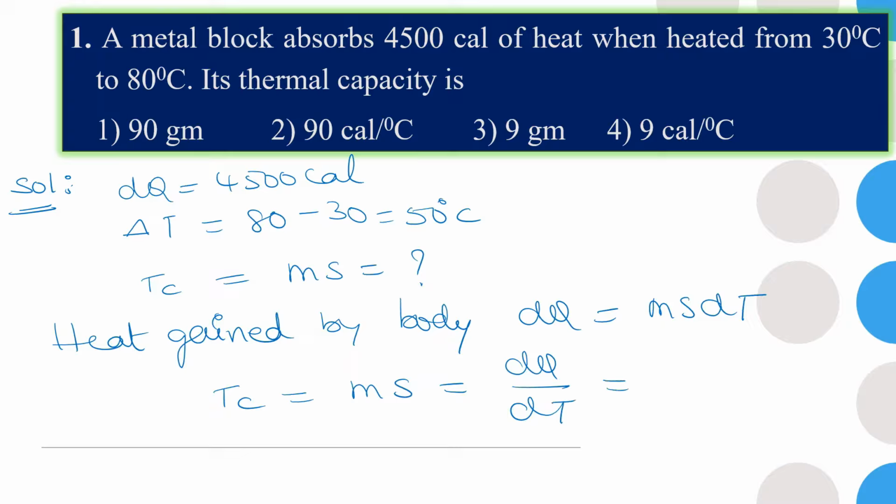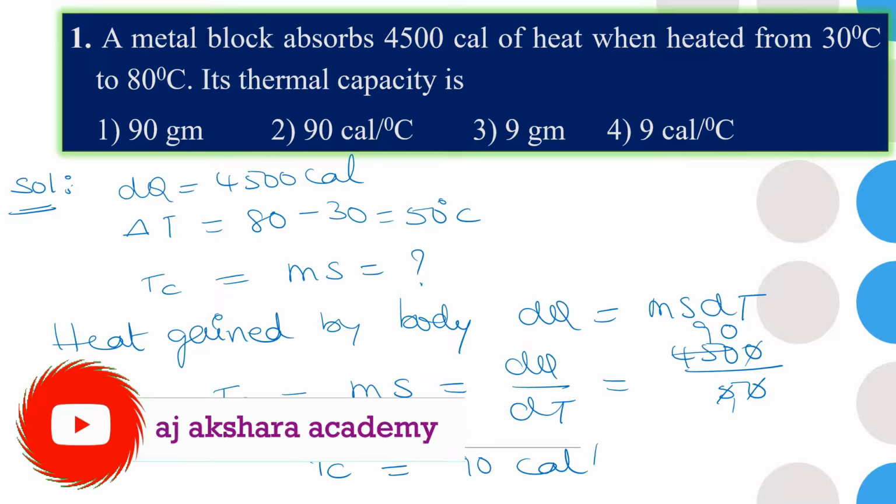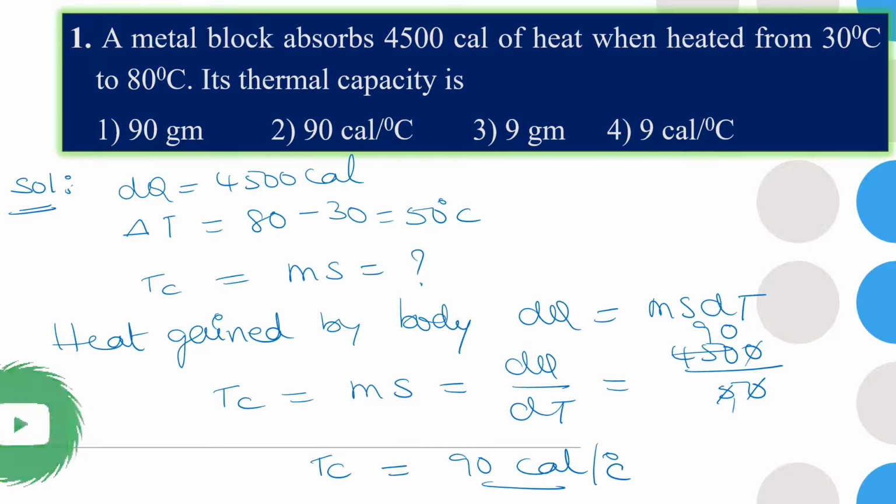That is equal to dQ, they given as 4500, and dT, they given as 50. Two zeros get cancelled, 5 nines are 45. So its thermal capacity is equal to 90 calorie per degree centigrade. Okay, next we will go to the next question.